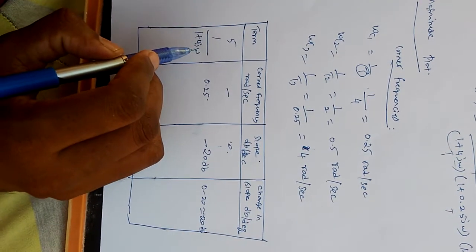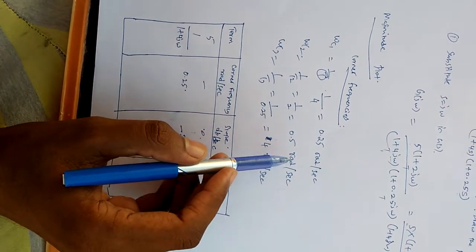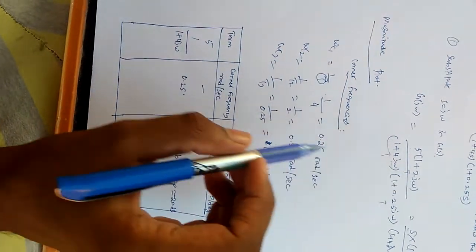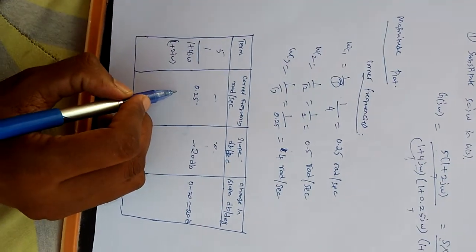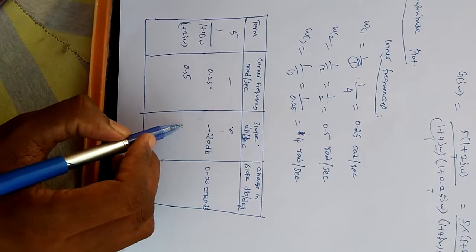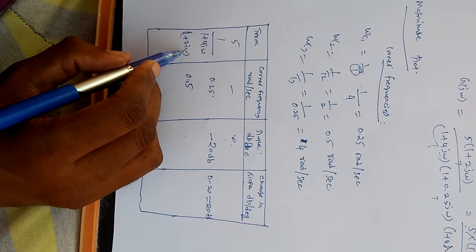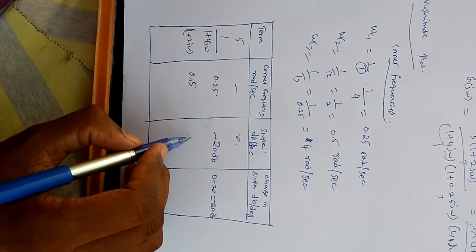The next term corresponds to the next corner frequency, 0.5 radian per second. That is the term 1 plus 2j omega. The j omega term is in the numerator, so the slope for that term is plus 20.